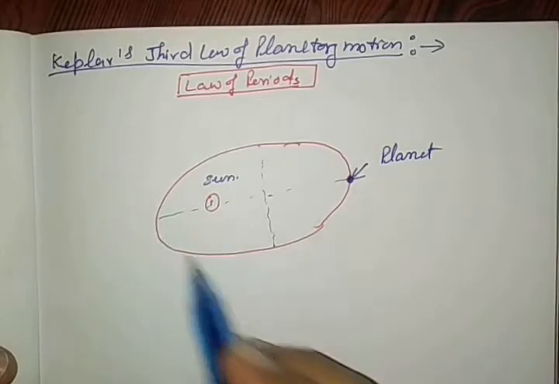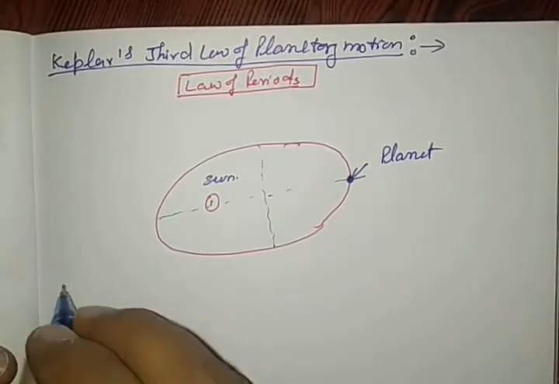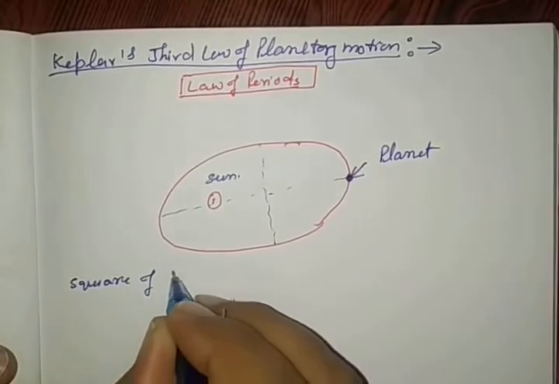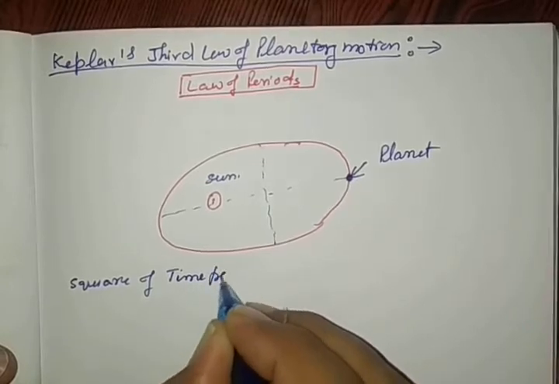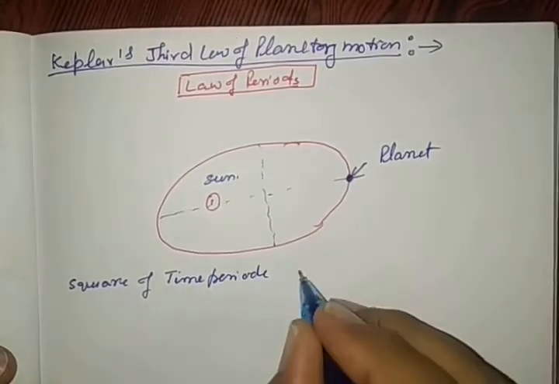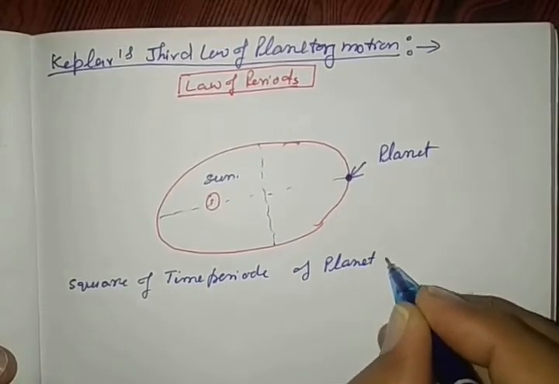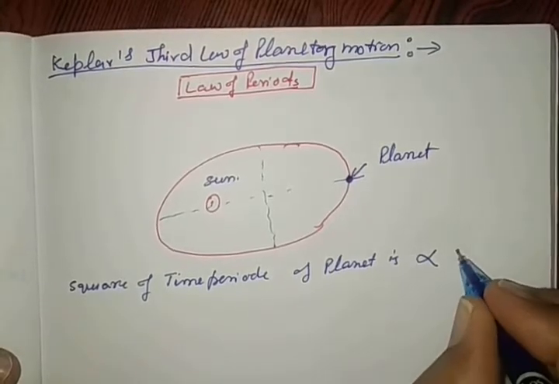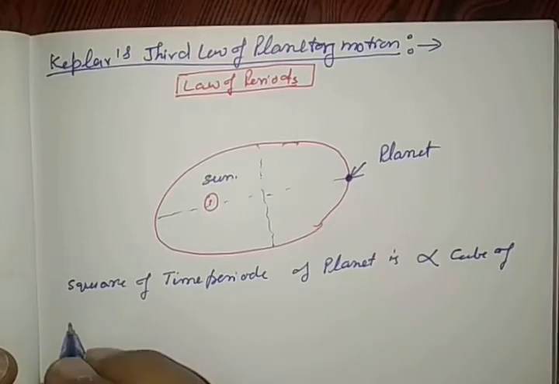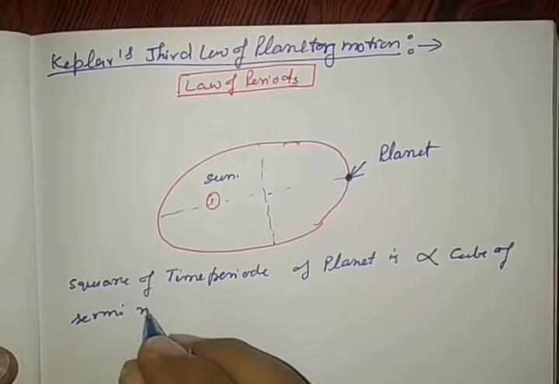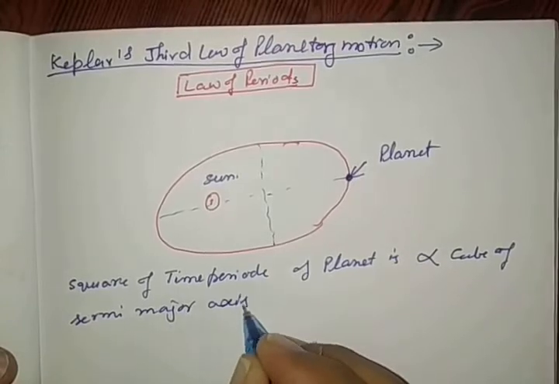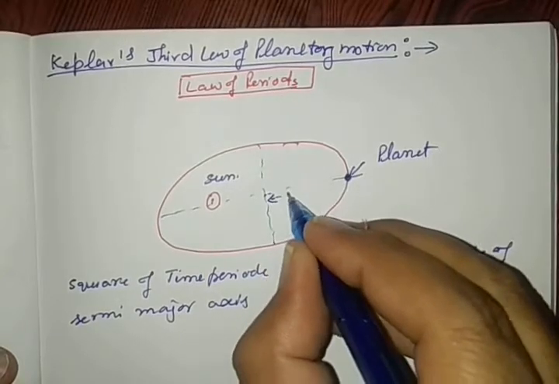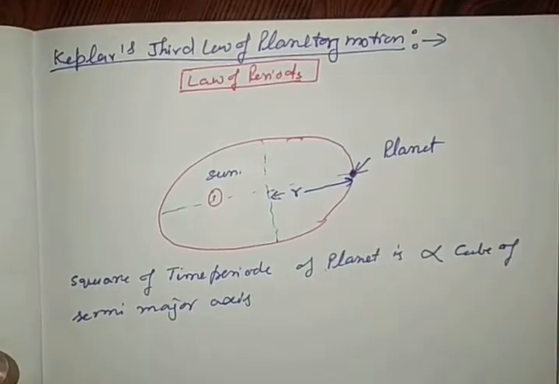So when it revolves, the square of the time period of the planet is directly proportional to the cube of the semi-major axis, right?